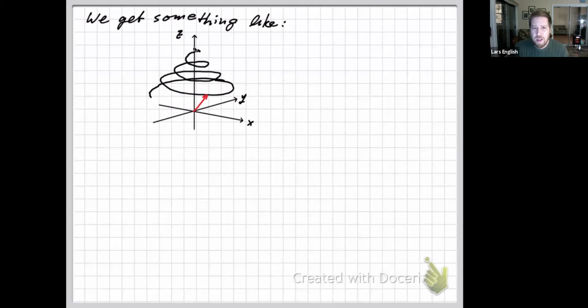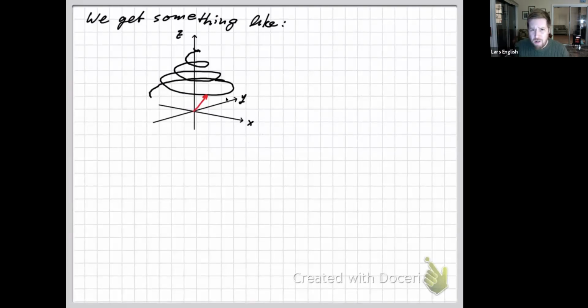So initially the spin is lined up with the z direction. Okay, so we're maybe here. The tip of the spin vector is right here. And then we sort of spiral down. As we reduce the z component, we have to increase the xy component, right? Because the size of that mu or the size of that spin cannot change.